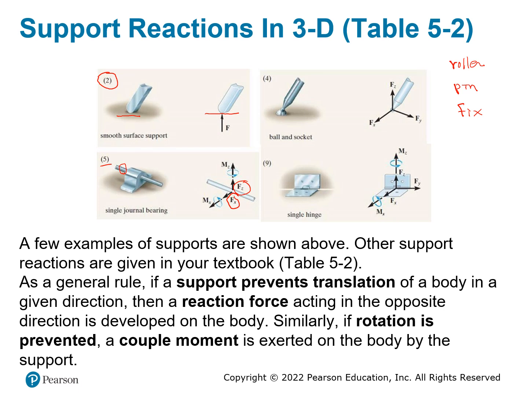But can it rotate in other directions? No, it can only rotate in this direction. It cannot rotate in that direction, so you're going to have a moment in that direction. So you have a moment about z and a moment about x. So how many unknowns? You have 4 unknowns.